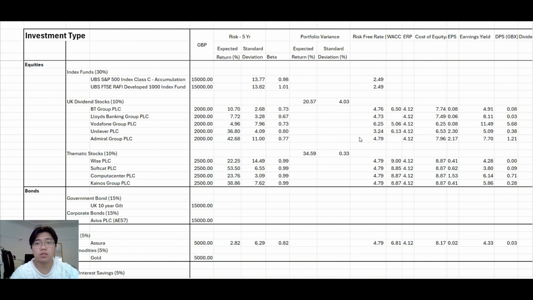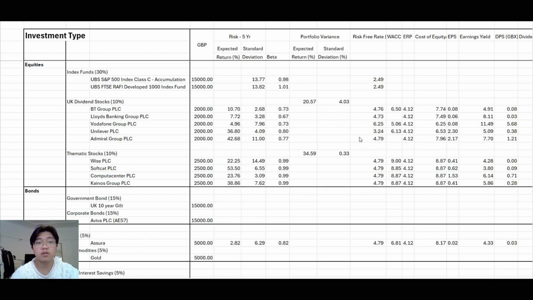Both funds have similar standard deviations, with the UBS S&P 500 Index Class C showing a standard deviation of 13.77, and both have betas that are near 1, indicating that their performance closely aligns with the market.